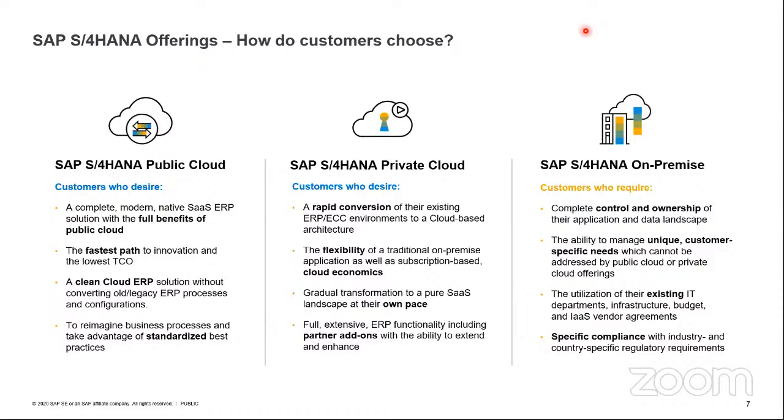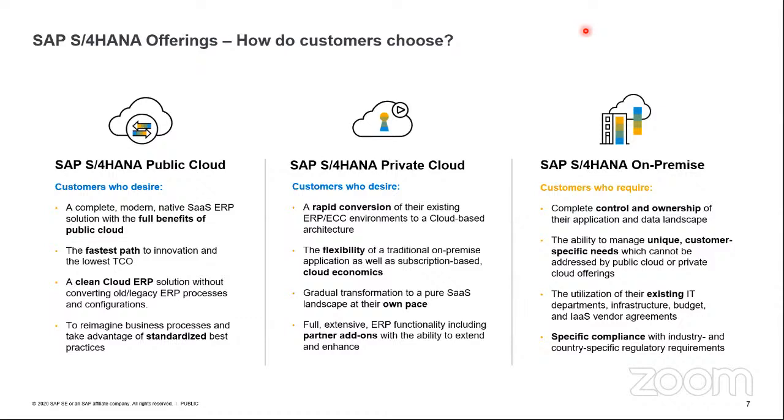Okay, so the customer base which would be looking for this kind of deployment would be the customers who want complete control and ownership of their entire application and landscape, which is similar to the way we used to do in our ECC times. They want to manage their specific or custom needs. They want to utilize their existing IT department infrastructure and the investments they have made in the past.